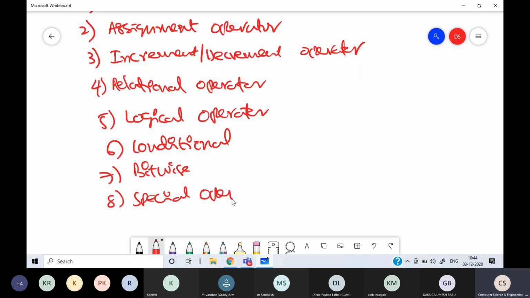So these are the different types of operators: arithmetic, assignment, bitwise, and increment decrement operators.